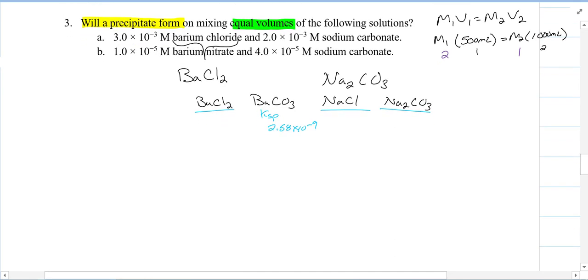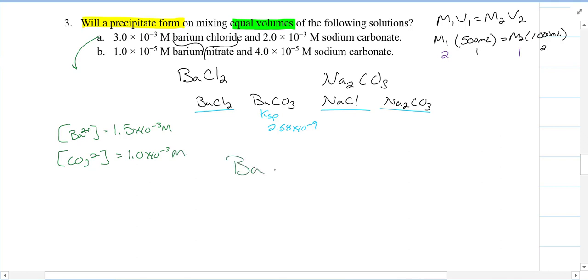Okay. So now my concentration of barium ion, for A here, concentration of Ba 2 plus, will be half of that, 1.5 times 10 to the negative third molar. And my concentration of carbonate will be half of that. Concentration of carbonate, CO3 2 minus, is half, and that is 1.0 times 10 to the negative third molar. What do I do with that?